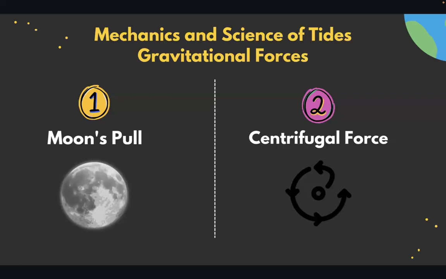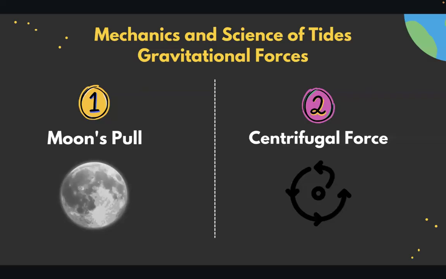The side of the Earth that faces the moon experiences the greatest gravitational pull, which draws water toward it and creates a bulge. And on the opposite side of the Earth, something different happens. The moon's gravity is weaker on the far side because it is farther away. Here the water is left behind as the Earth itself is pulled slightly toward the moon.